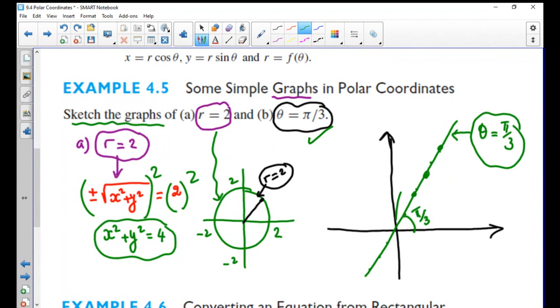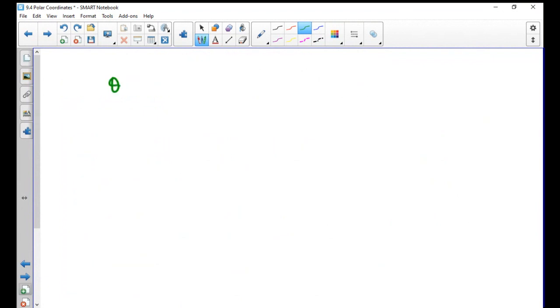On this side, the r will be positive, but on this side, the r will be negative. But the theta is still all over the line, the theta will be pi over 3. For example, let's say I want you to graph theta equal to 0. Graph this.